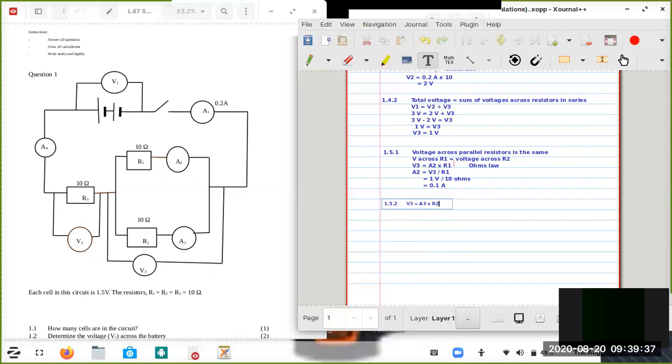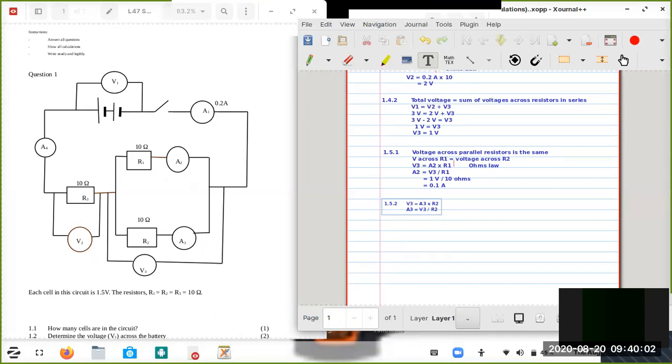This is Ohm's law. Then since we are to find current, I'm going to make current the subject of the formula, which means I transpose resistance, so it is now equal to voltage number 3 divided by resistance number 2.